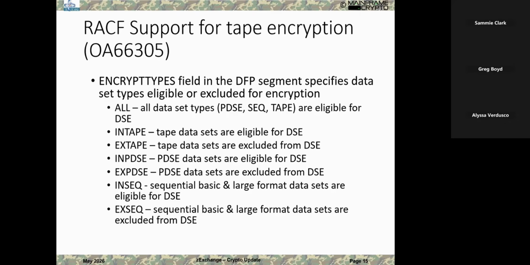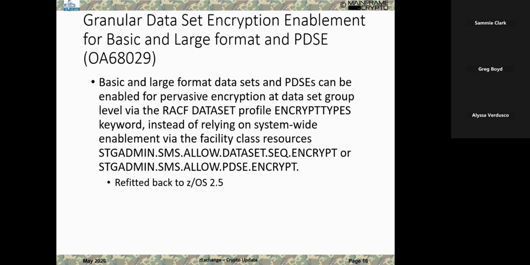And with that, it turns out there's another APAR, OA68029. I think what happened was when the DFSMS folks realized that the tape support was slipping and wasn't going to be coming quite as soon as they thought, they went ahead and allowed those PDSE and sequential parameters to work.